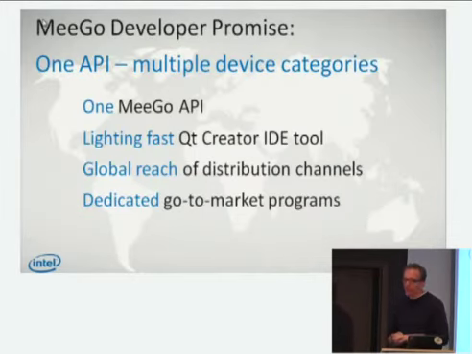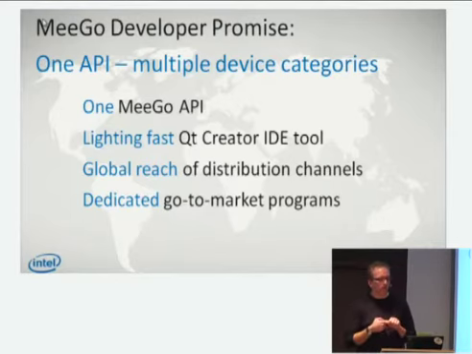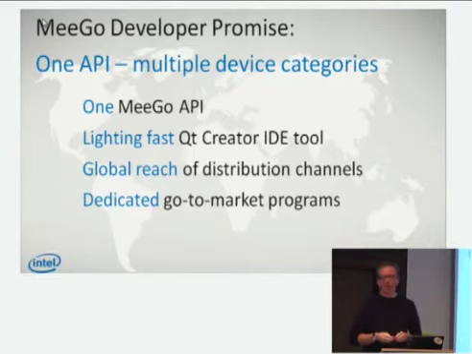So the promise that we are giving to people is there is one API across multiple categories. There is one MeeGo API. It's obviously Qt. It's a bunch of other APIs. They were in the architecture chart earlier. But it's a defined set. There's a compliance spec around that.